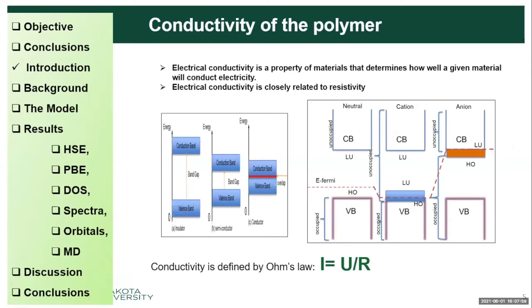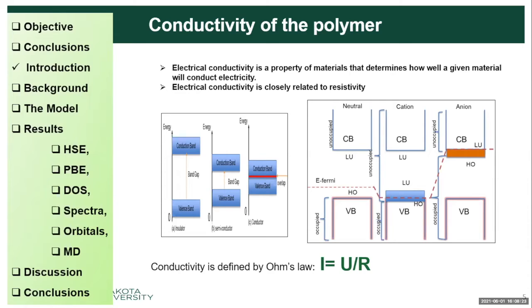Okay, so electrical conductivity is the property of a material that determines how well that material behaves like a conductive material.